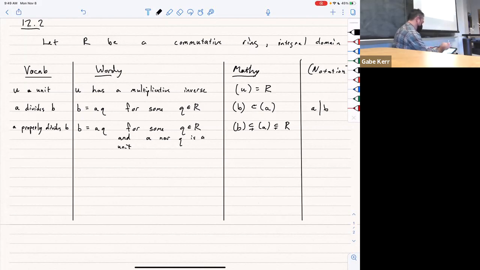Well, okay, so the notion is A and B are associates. And what it means is that A is equal to U times B for some unit.